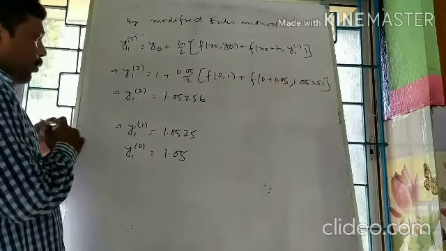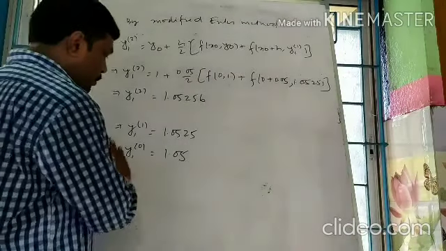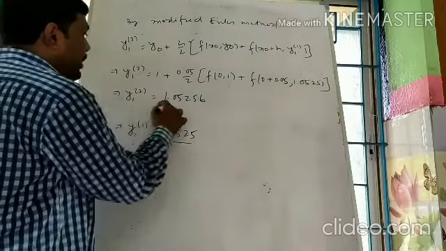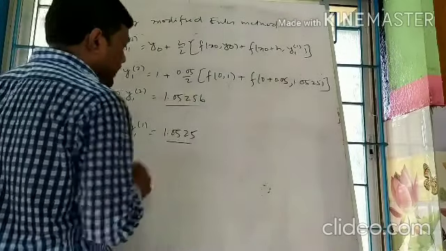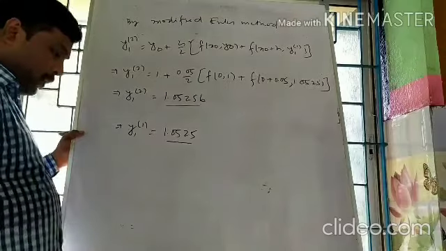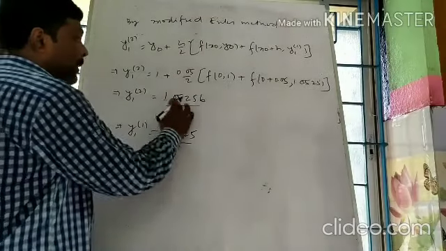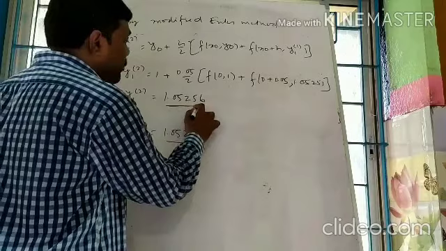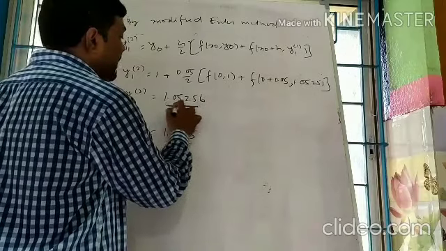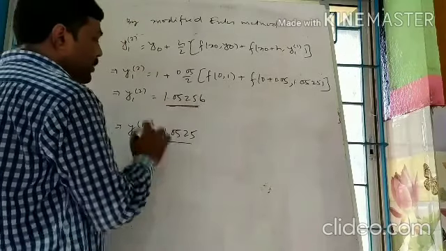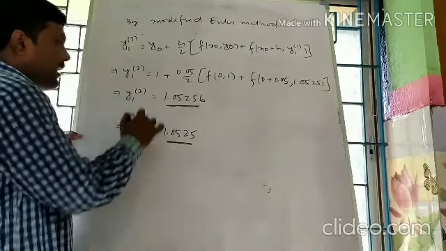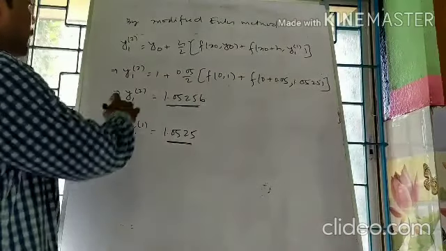Now see, y11 is 1.0525, y12 is 1.0526. Correct up to 4 decimal places these are not equal, so you have to calculate y13.